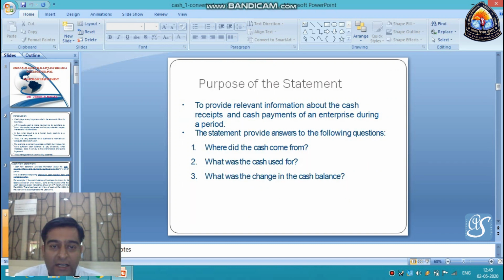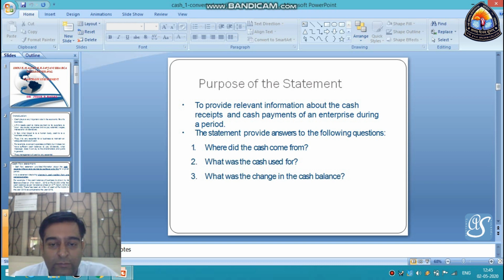So now let's discuss the purpose of the statement. Why are we preparing a cash flow statement? It provides relevant information about the cash receipts and cash payments of an enterprise during a period. The statement provides answers to the following questions: Where did the cash come from? That means, which are the main sources of your cash?